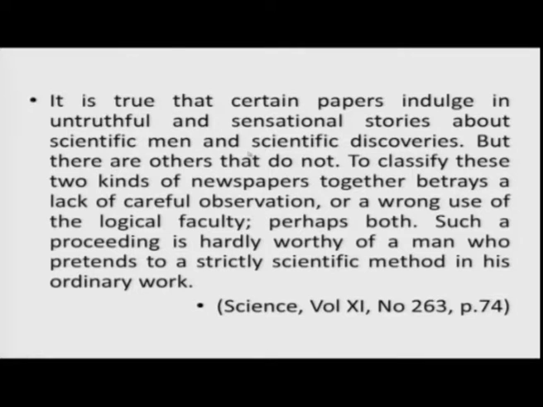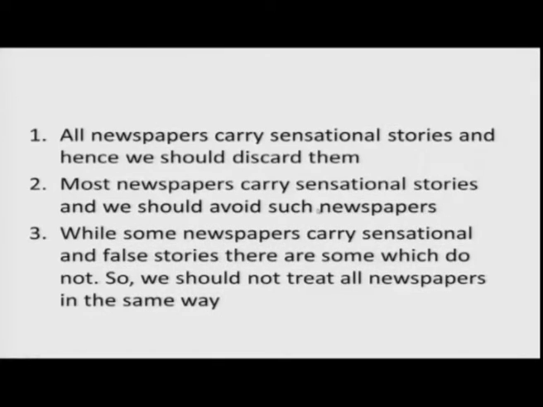You will see in line 3 and 4 the keyword but there are others that do not. Okay. And continuing here, to classify these two kinds of newspapers together betrays a lack of careful observation. So, the writer here is comparing two kinds of newspapers and is arguing that we should not treat both of them alike.